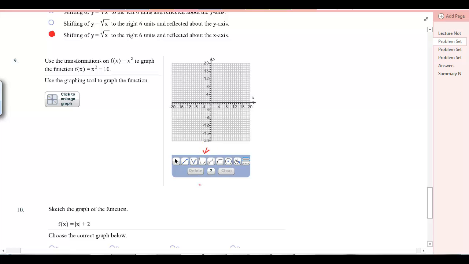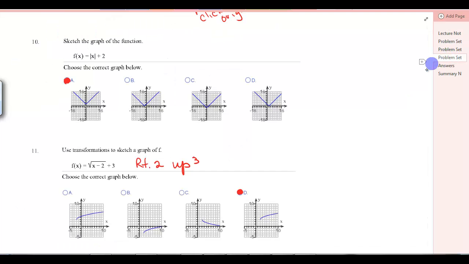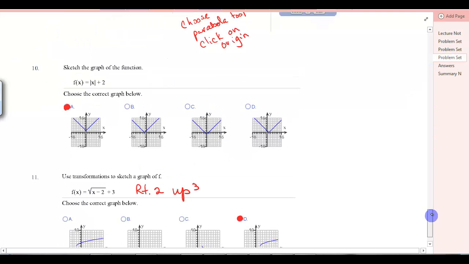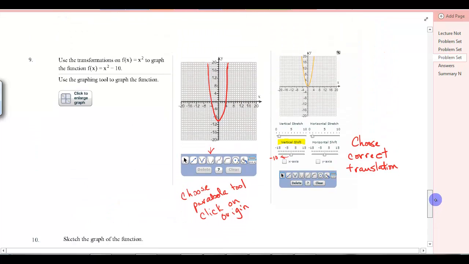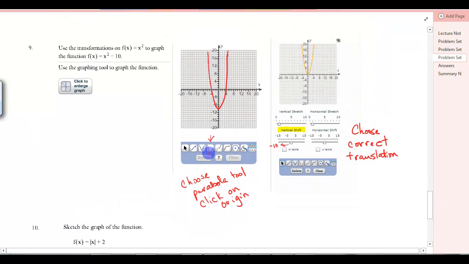All right, we're going to click that one, and I think you're going to click that, and it will give you a parabola tool. But I think over here maybe I have something that will show you. Yeah, let's look. So we pick that one, and it's going to give us this, but it will give you the translation.